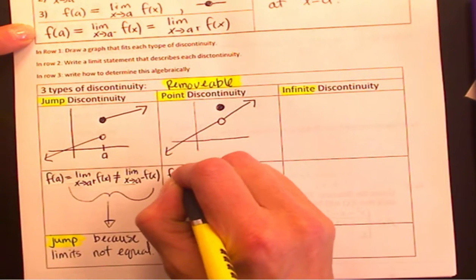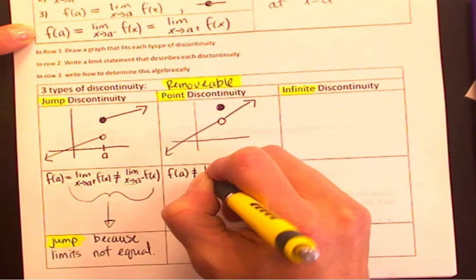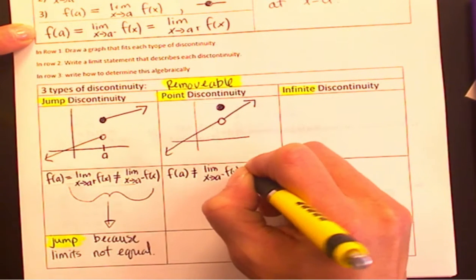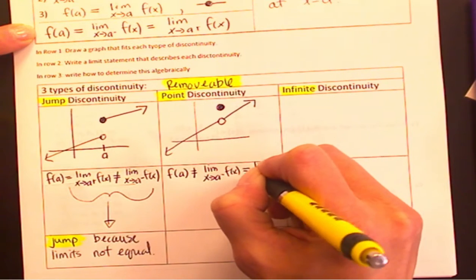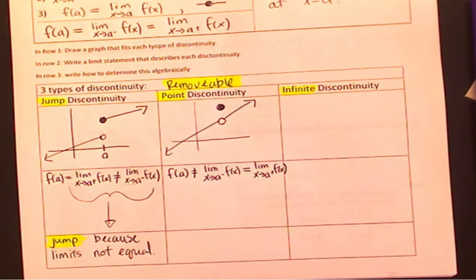Okay, so f of a does not equal the limit from the left, the limit from the right. Okay.